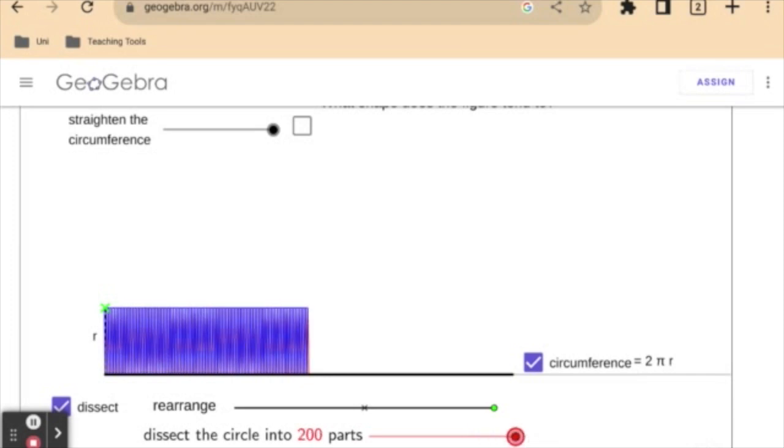I've sliced this into 200 parts. And the more little parts we have, the closer this begins to look like a rectangle, like a quadrilateral.